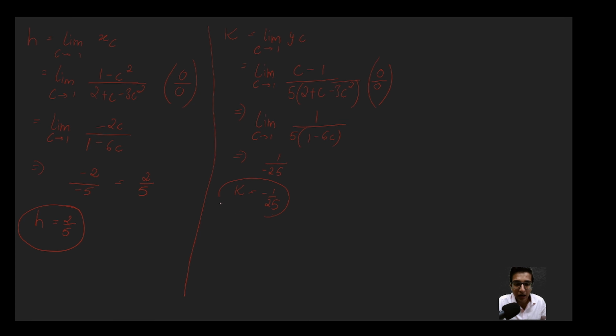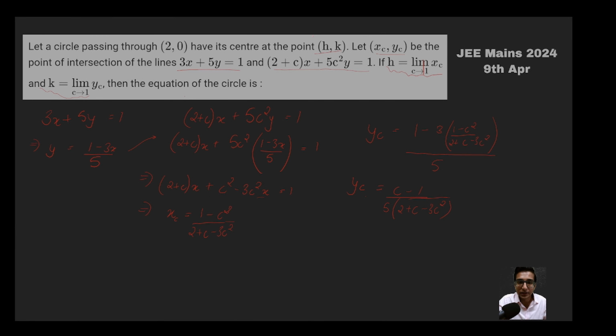So this is our other portion of the center. That means we've found the circle's center, which is h comma k. So it is 2 by 5 comma minus 1 by 25. Now we have to find the equation of the circle.